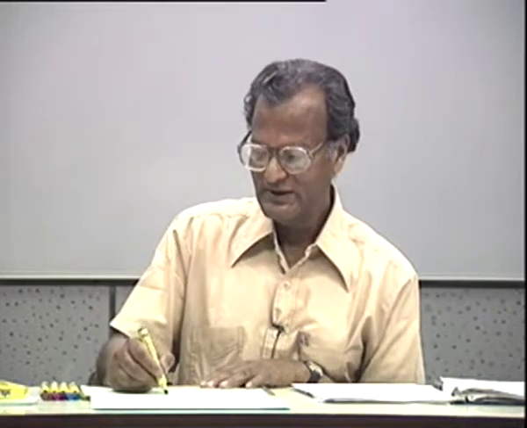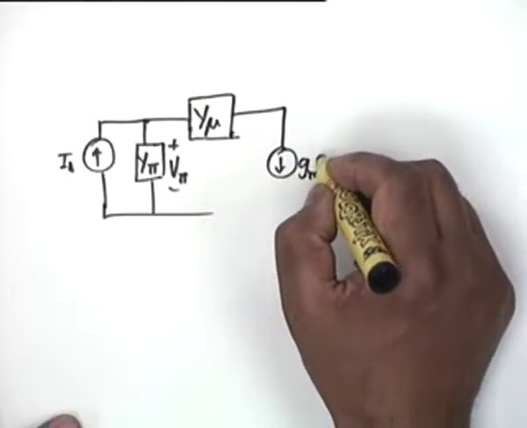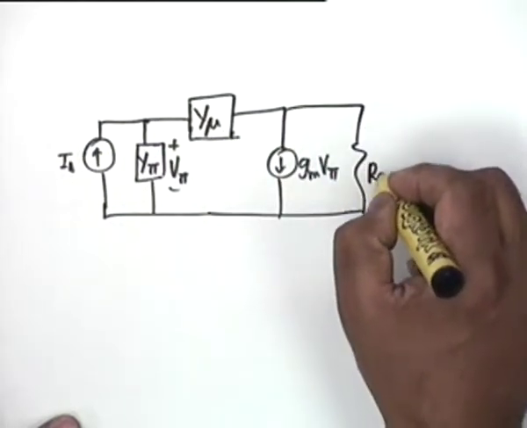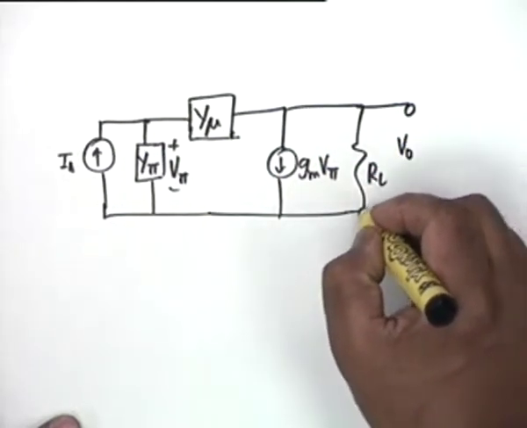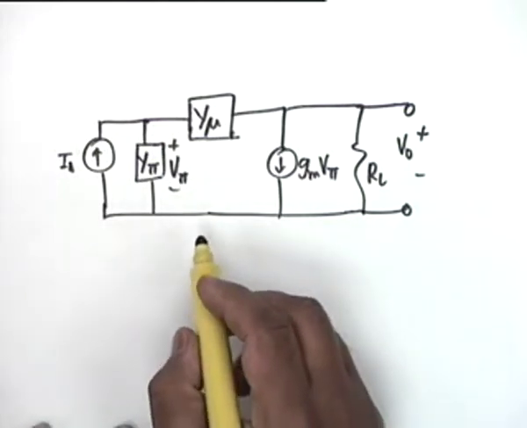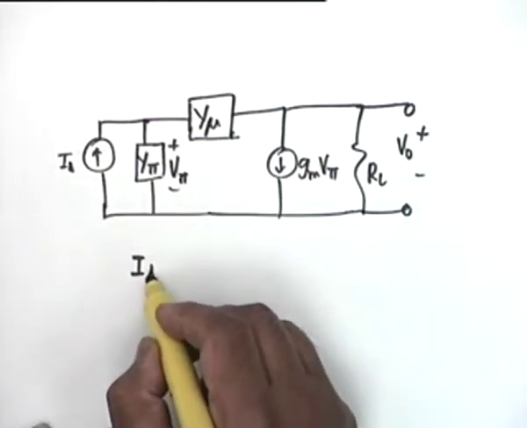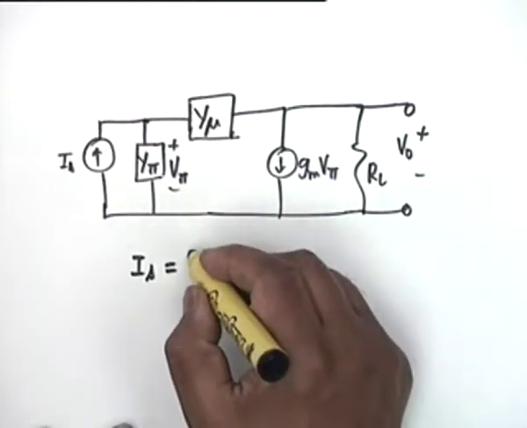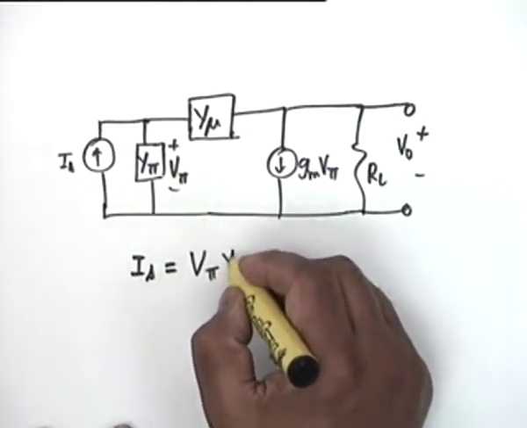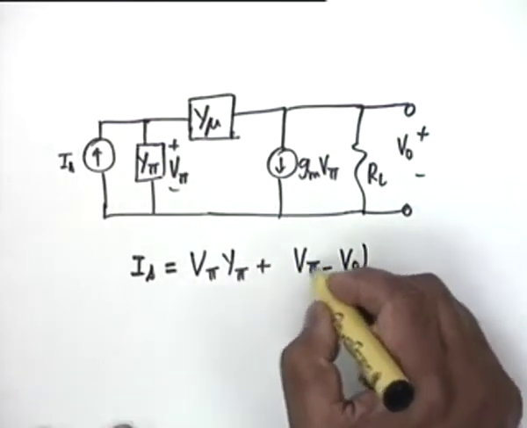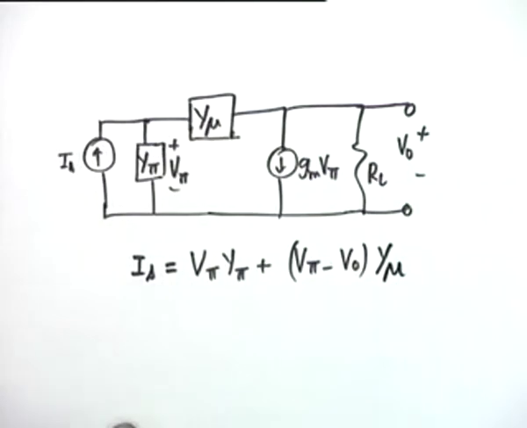Why? Because R01 will be very large compared to RL anyway. Okay. And then we have the GM V pi and RL. This is my V0. Now I write two node equations, that is IS equal to V pi Y pi plus (V pi minus V0) Y mu.